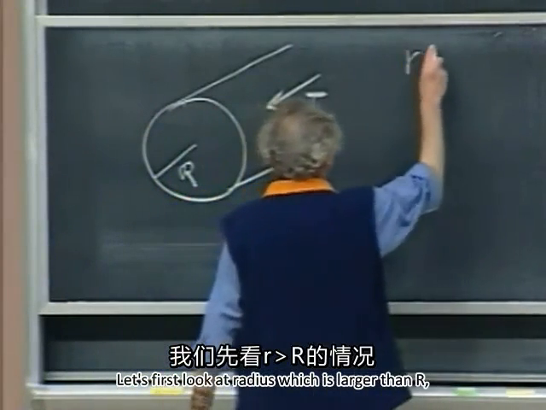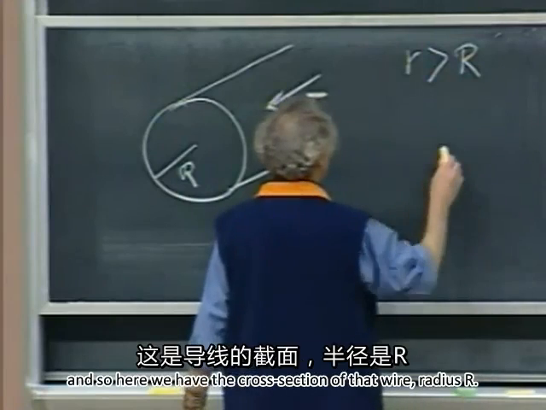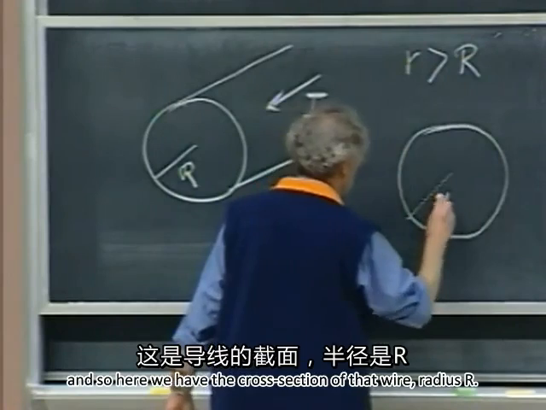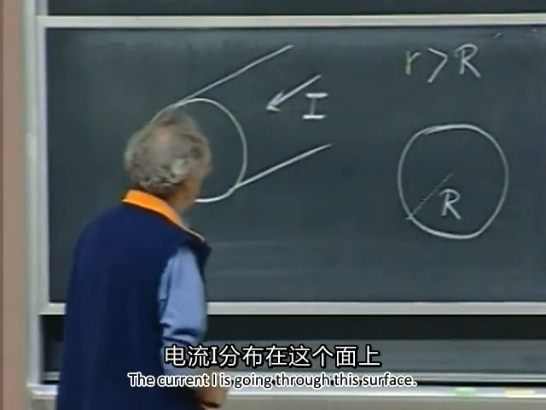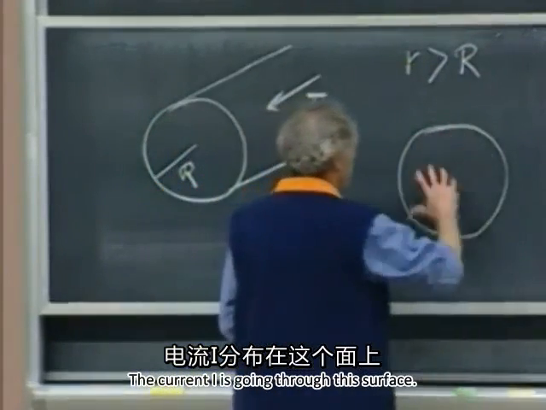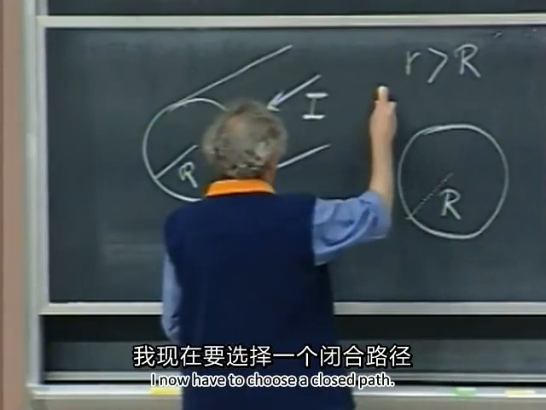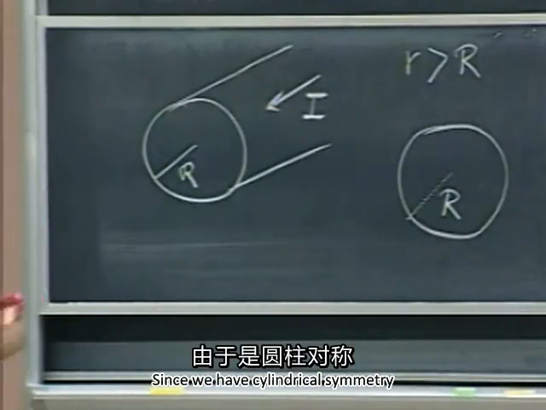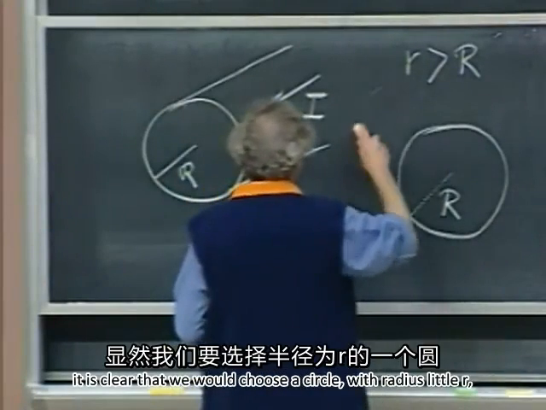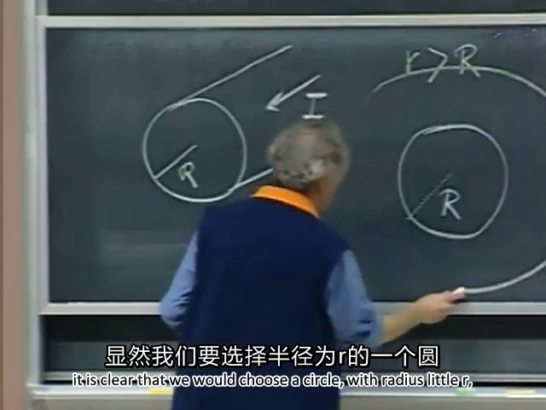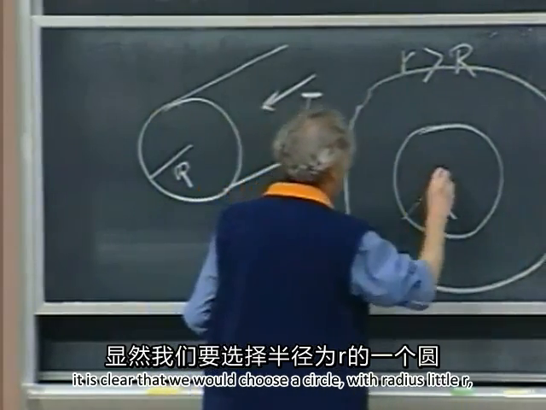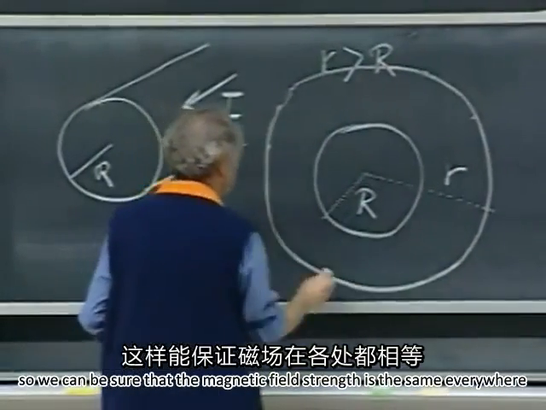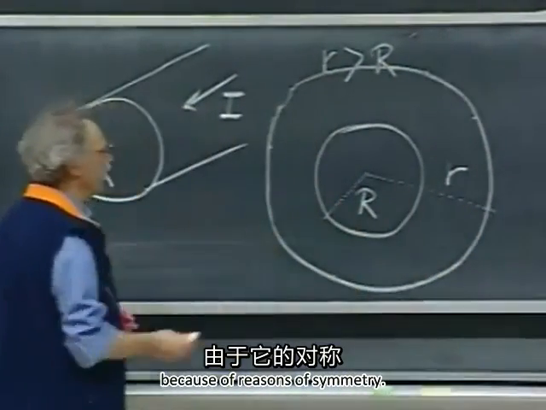Let's first look at a radius which is larger than R. And so here we have the cross-section of that wire, radius R. A current I is going through this surface. I now have to choose a closed path. Since we have cylindrical symmetry, it is clear that we would choose a circle with radius little r. So we can be sure that the magnetic field strength is the same everywhere because of symmetry.